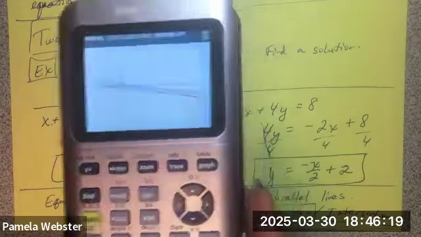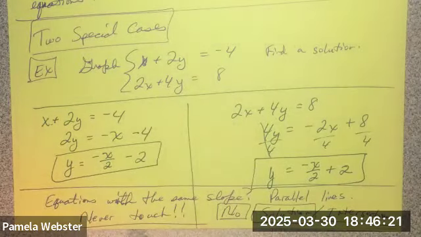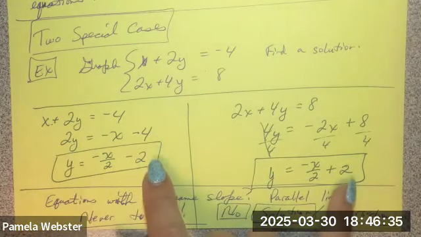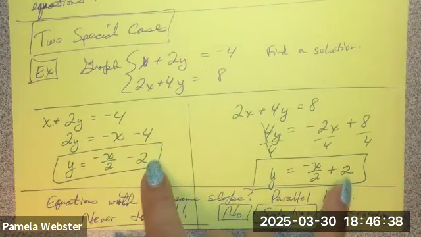Because their y-intercepts are different, these are two different equations with the same slope. They are parallel. Okay. So I look at that, I go, oh, no solution. I didn't even have to graph them. As soon as I saw that negative 1/2, and these y-intercepts are different, then I went, okay, I'm good.